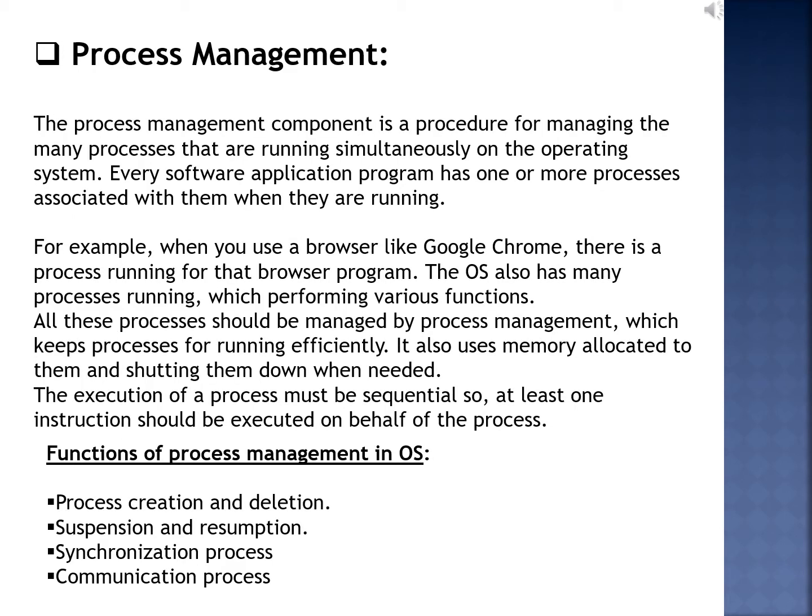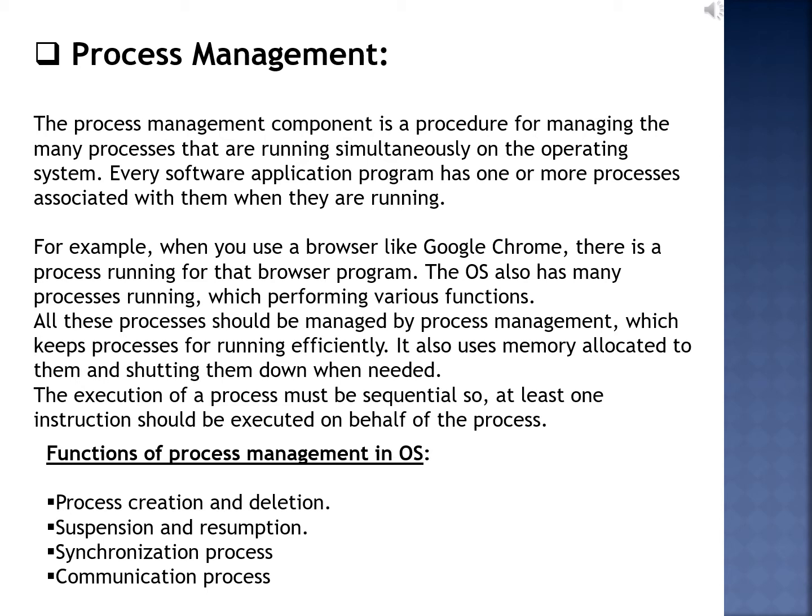The next one is process management. The CPU executes a large number of programs while its main concern is the execution of user programs. The CPU is also needed for other system activities. These activities are called processes. A process is a program in execution.